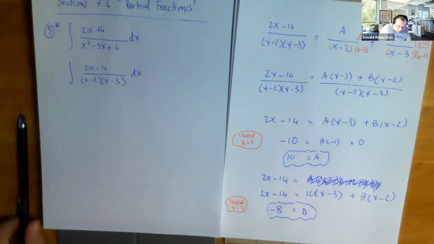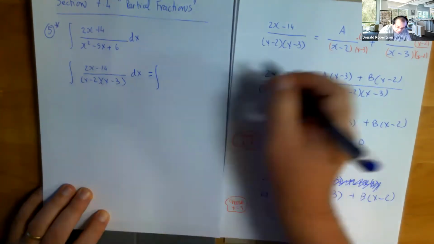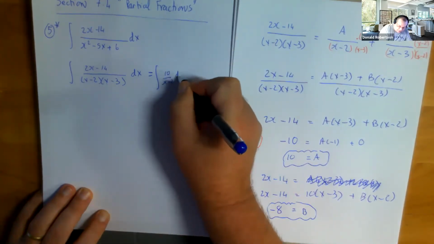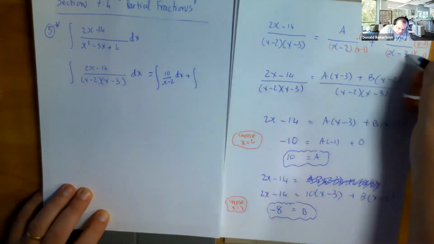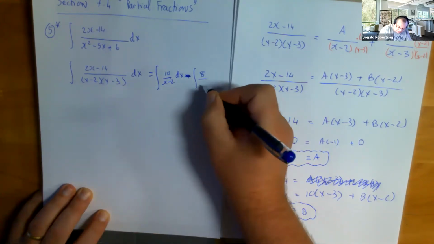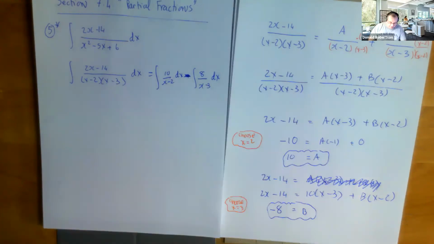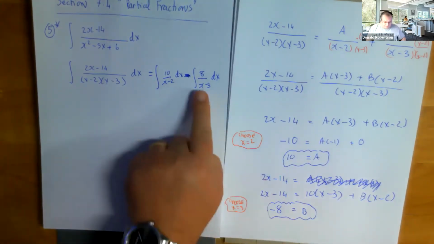Well, that means that we now have the integral of a, 10 over x take away 2, plus the integral of b, which is, well, I guess I could put the negative there, and that way it's 8 over x minus 3 dx. Basically, I just split it into two integrals. There's my first partial fraction, negative 8. There's my second partial fraction.